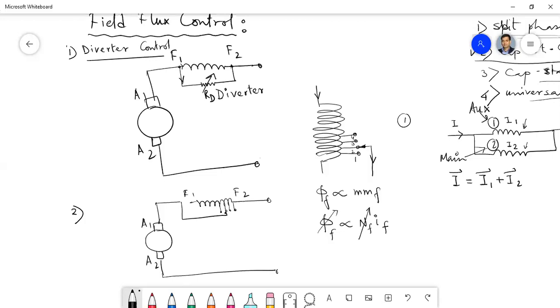Okay, so by that you can change the number of turns. So this has the name of tapped field control.